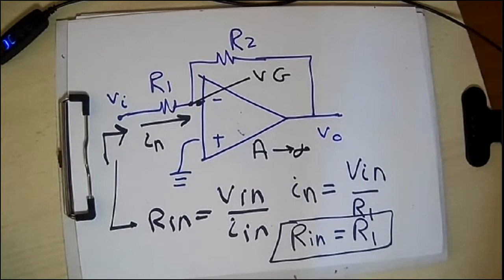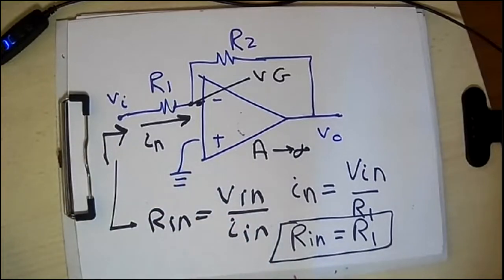Then, whenever you have Rin equals R1, in order to reach this relatively hypothetical or ideal configuration, you should make R1 as large as possible, so that you don't have any sort of loading effect on this stage with respect to the previous stage or with respect to the source.